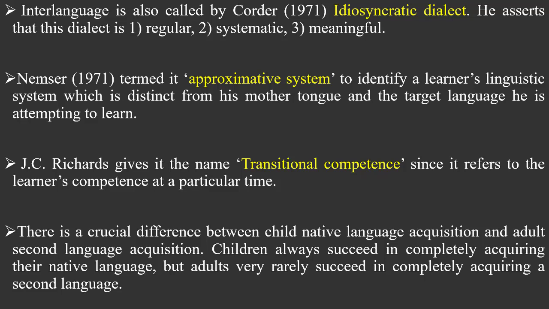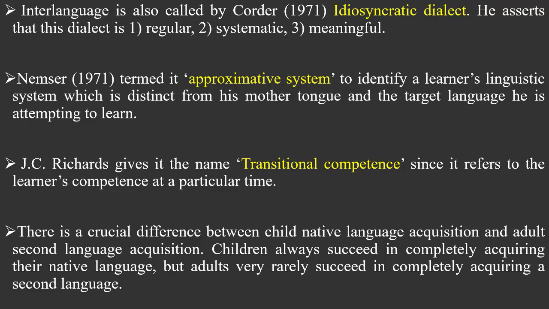As I have been saying, Nemser in 1971 termed it an approximative system to identify a learner's linguistic system which is distinct from his mother tongue and the target language he is attempting to learn. So it's kind of distinct, this approximation of the system of L2. It's different from your mother tongue and different from your target language.